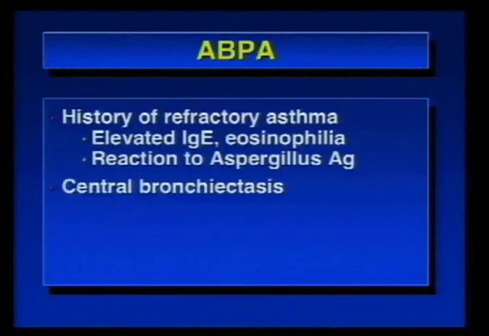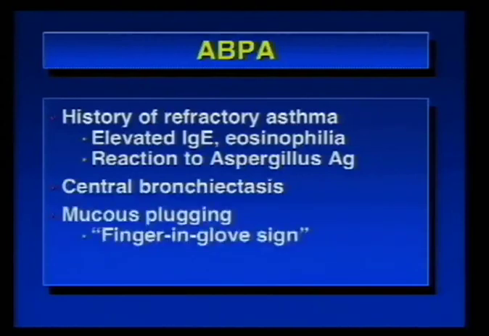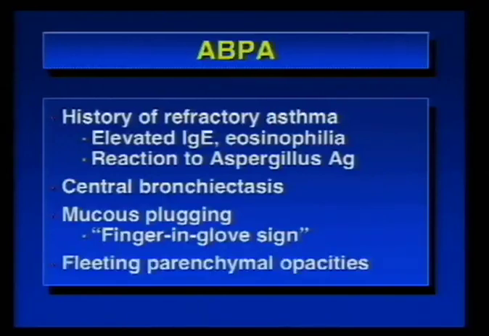So central bronchiectasis is characteristic, and classically mucus plugging, which is called the finger in glove sign, meaning that there are multiple branching bronchi that are plugged, and that can be seen on a plain film or on a CT scan. You can also get fleeting parenchymal opacities, meaning they appear and then go away.